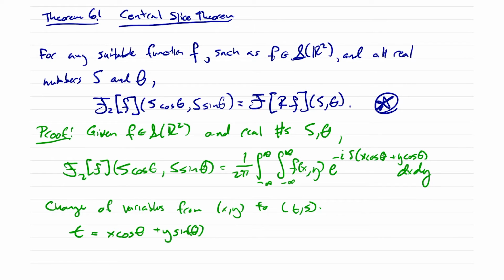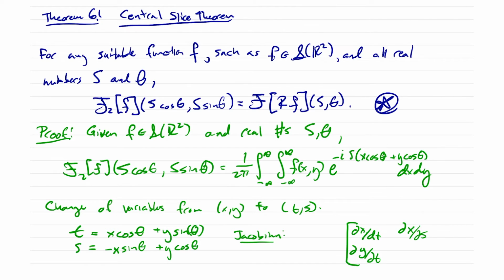What we're going to do then is also select s to be minus x times sine of theta plus y times cosine of theta. Now if we consider the Jacobian, it's going to give us dx/dt, dx/ds, dy/dt, and dy/ds.